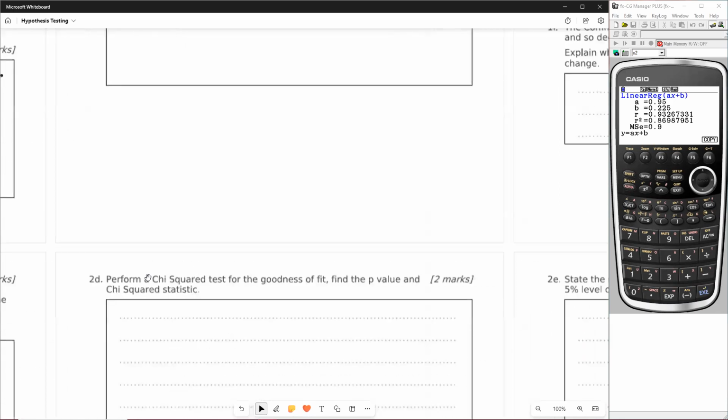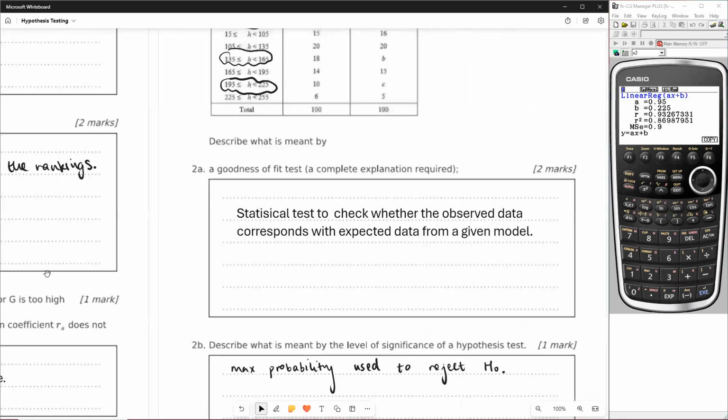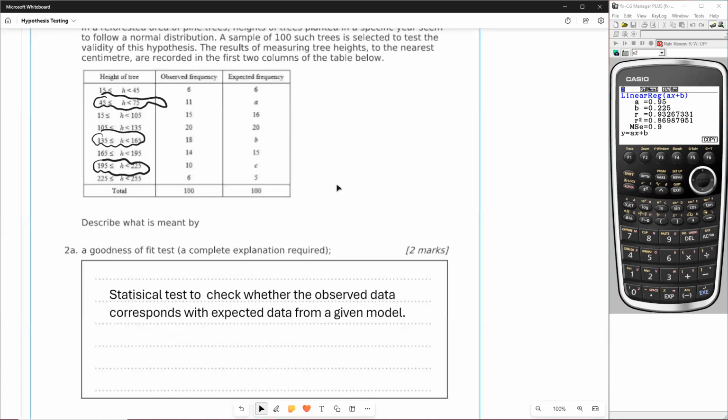Let me just take that down. 45 to 75. 135 to 165, 195 to 225.